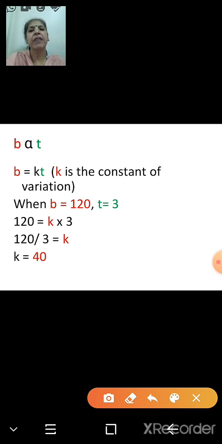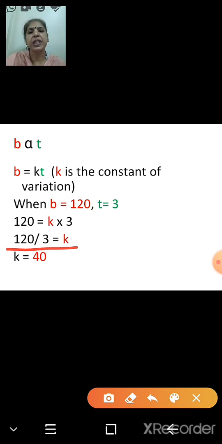Now, we will write the values given. What are the values given? B is equal to 120 and T is 3. This we are going to substitute in the equation. In place of B, 120 is equal to K. In place of T, 3. Now, we will form the equation. 3 will go to the other side of equality.